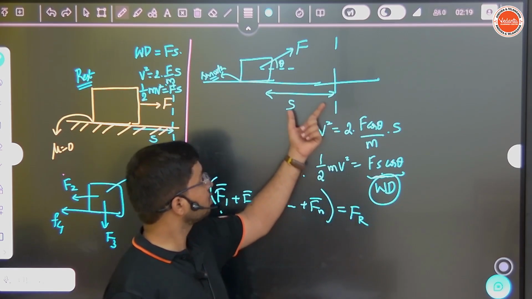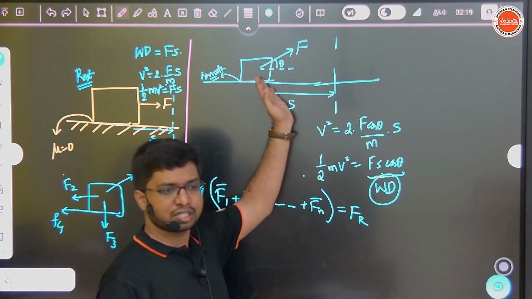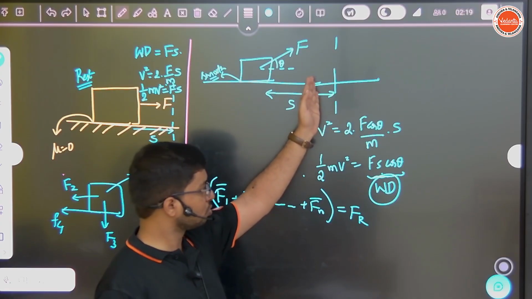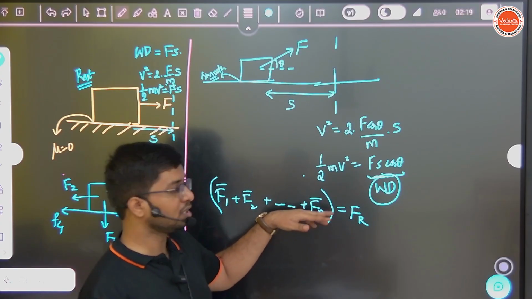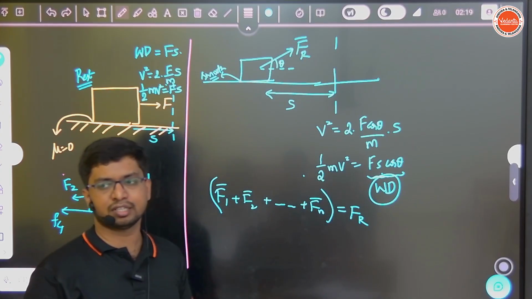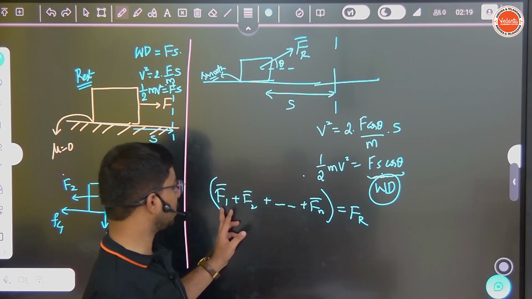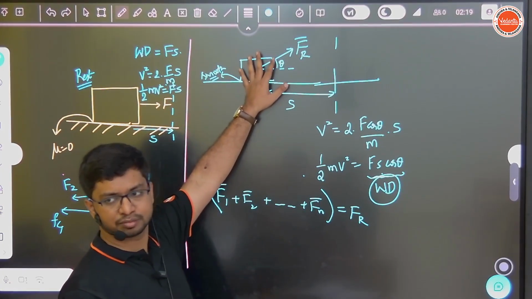And you know that for a single force, I have proved the work energy theorem. Now just go back. Assume that this is your resultant force that is being acted. What do you mean by resultant? It means it is as good as all these forces actually acting on this body.